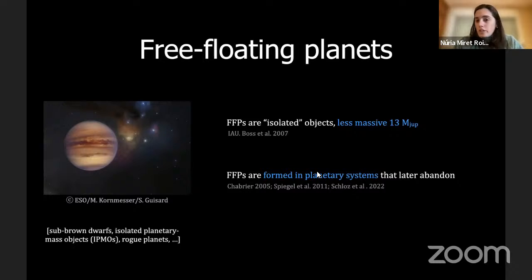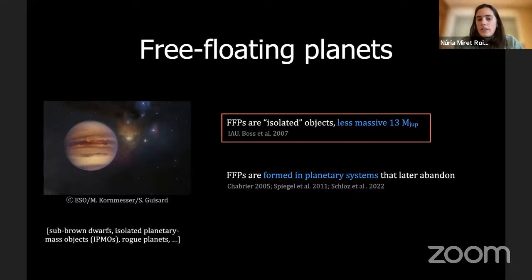So, only for simplicity, I think the first definition in terms of mass is much more applicable, at least for the time being. So far in this talk, whenever I mention free-floating planets, I will be referring to objects that simply have less than 13 times the mass of our Jupiter, but we don't know by which mechanisms they were formed.